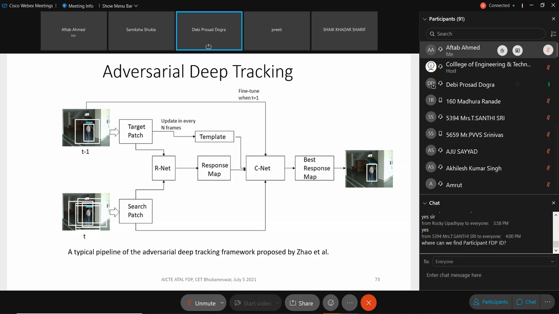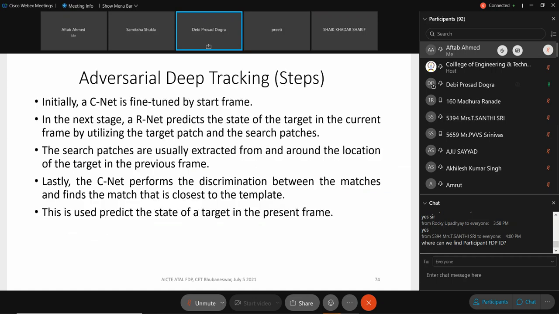This was proposed by Zhao et al. in a 2018 paper, which can detect and track the person very quickly. In adversarial deep tracking, initially the convolution network is fine-tuned at the frame level, so it is basically object-level detection.